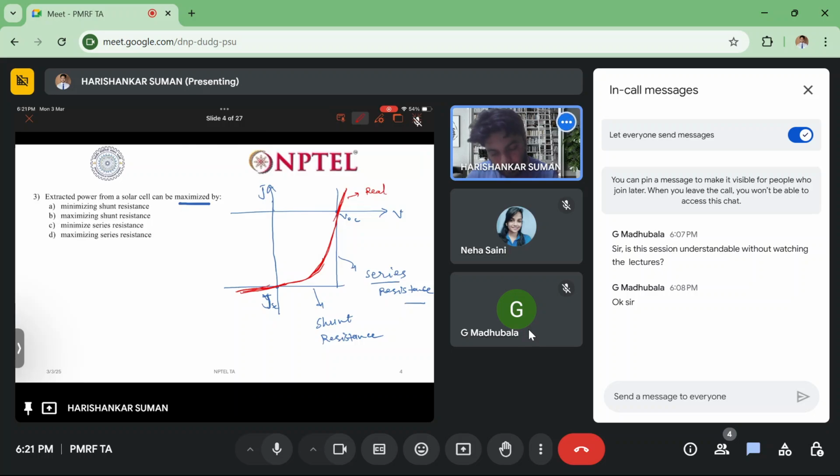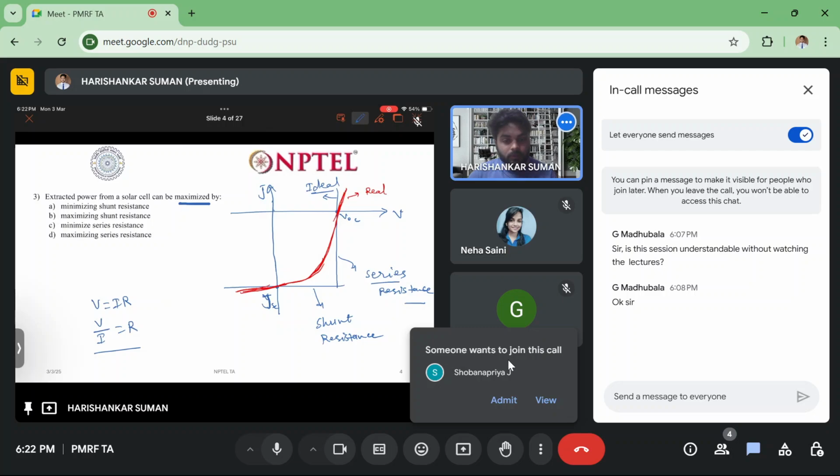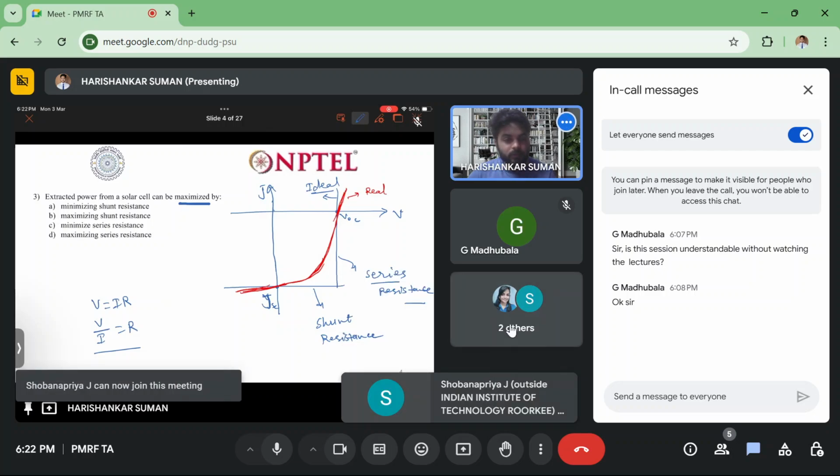This is real and this is ideal. So V equals I R, so R equals V by I, resistance.